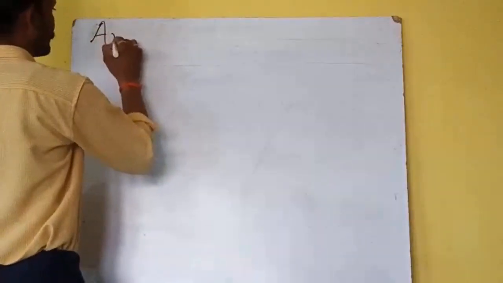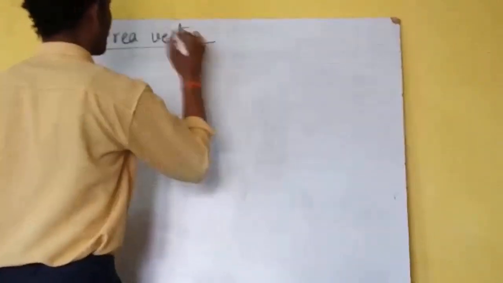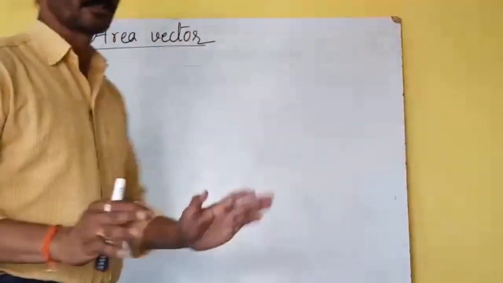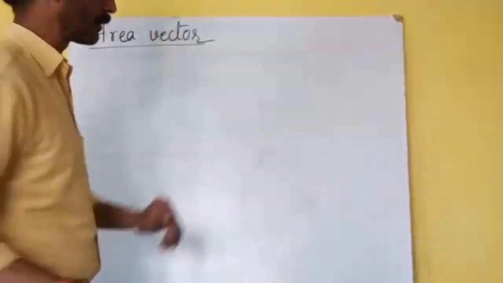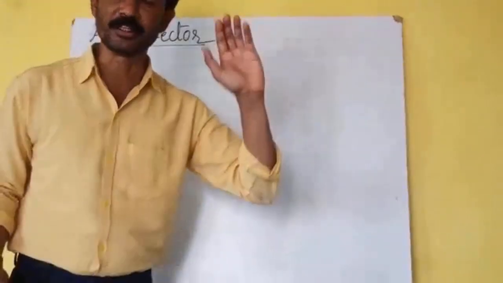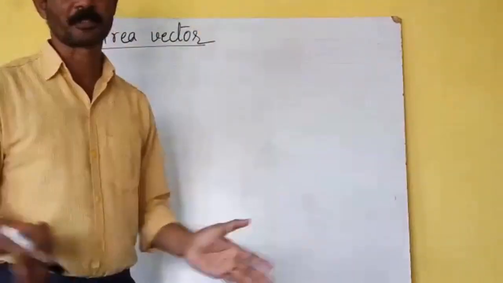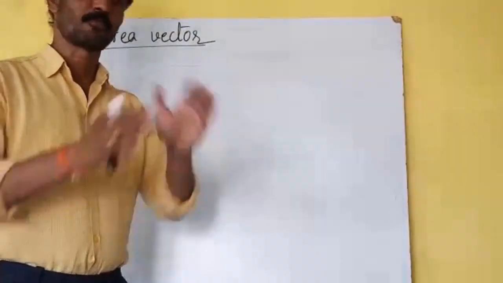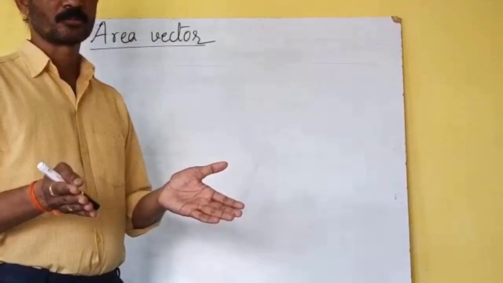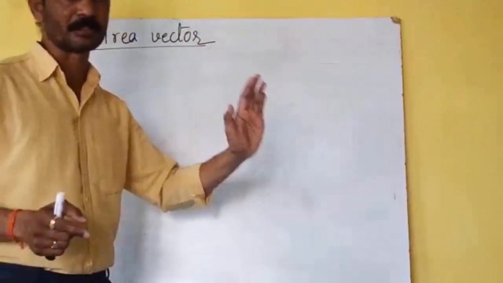Next, see area vector. We know that area is a scalar quantity. But sometimes we need to know the direction of a surface area. In the case of conductors, if charge is given to the conductor, for the surface of the conductor, sometimes we need the direction of a surface area.